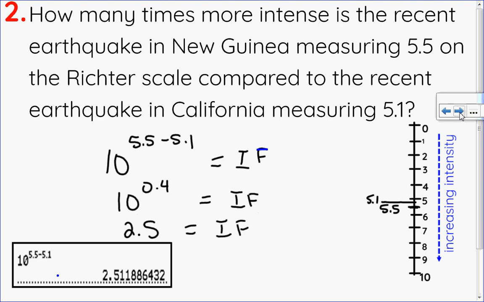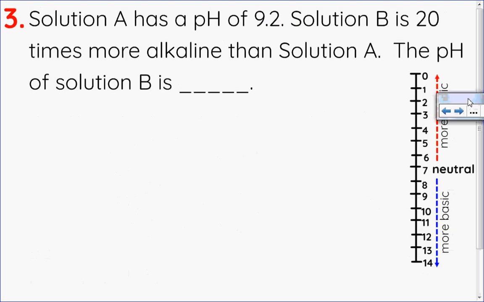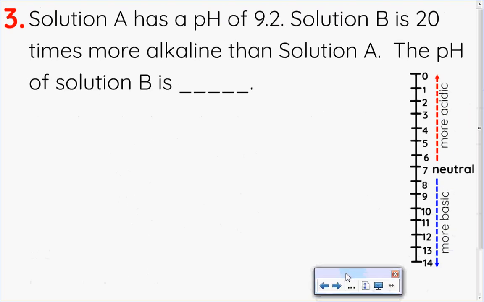Okay, my third application of logarithmic scales comes from pH. So pH measures the alkalinity or the acidity of a solution. So in this question here, I have solution A that has a pH of 9.2, so right about there-ish. And solution B is 20 times more alkaline than solution A. Now I know my alkalinity increases as I go along, or it becomes more basic.